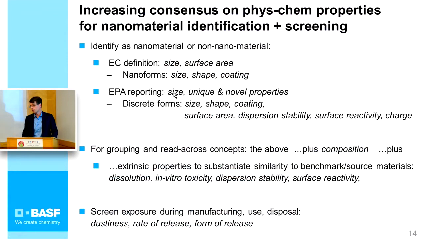For the EPA reporting scheme, which is not yet fully in action but probably will be, it uses size and unique and novel properties, which is of course not easy to measure, let alone to agree what it really means. But then for discrete forms, they use size, shape, coding. That's completely the same as for the nanoforms. Additionally, surface area, dispersion, stability, surface reactivity, and charge. And I'll propose some methods how to do this in the rest of the talk.